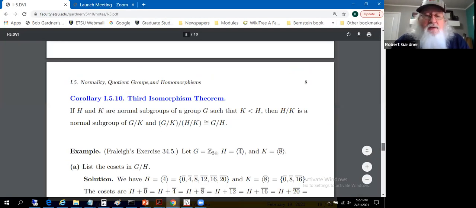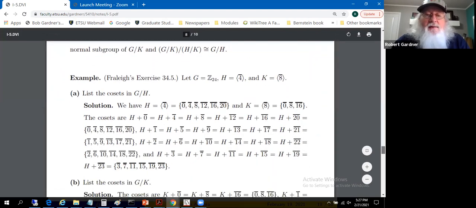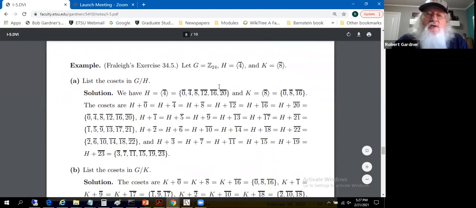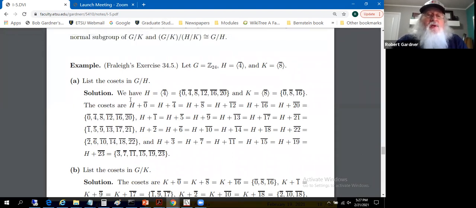Let's briefly illustrate that. Suppose G is the group Z24. H is the subgroup generated by the equivalence class containing 4 bar. K is a subgroup generated by H bar. List the cosets of G mod H. Okay, H is going to have 6 things in it. Here it is.